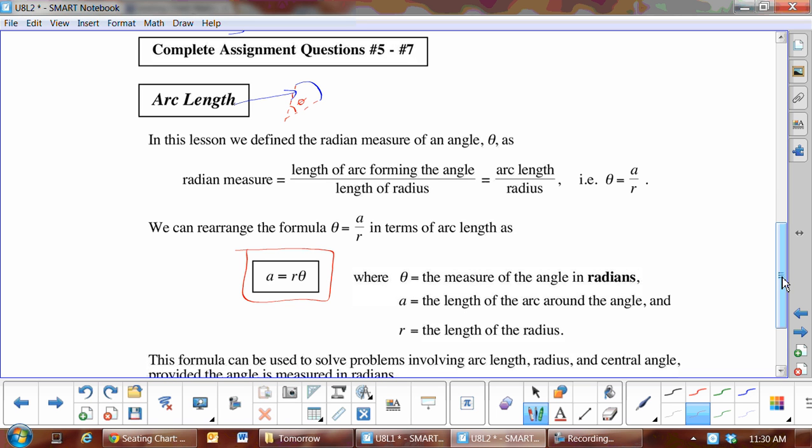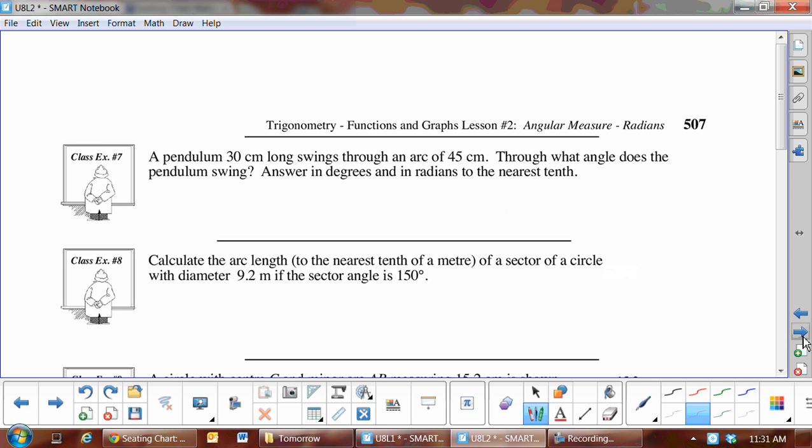A equals R theta, or A equals R O, right? Arrow. Get it? So A equals R theta. Very, very simple formula. Where is going to be the confusion? You will see. Let's do the next three.